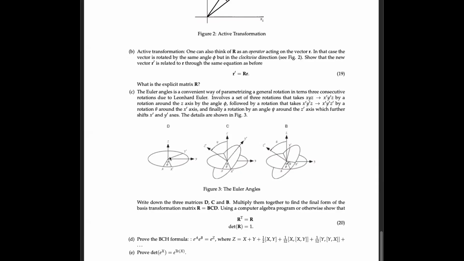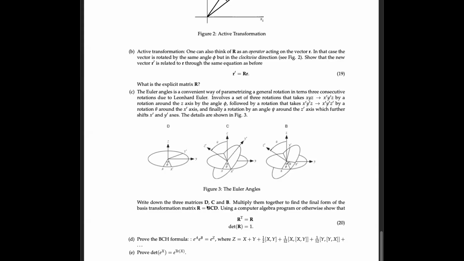And these are the Euler angles, in which you first rotate in a counterclockwise way around the z-axis, and then you do another counterclockwise rotation around this new x prime axis, and then another counterclockwise rotation around this new z prime axis. So there are three different rotations.